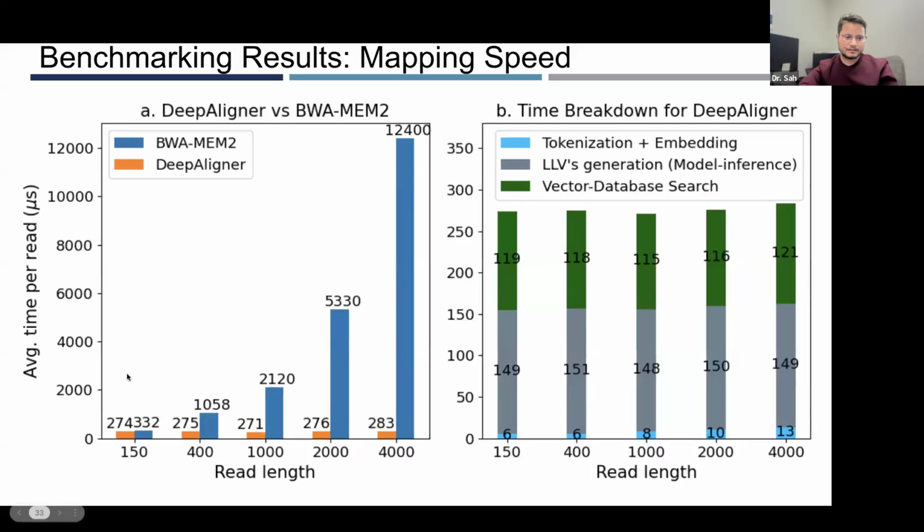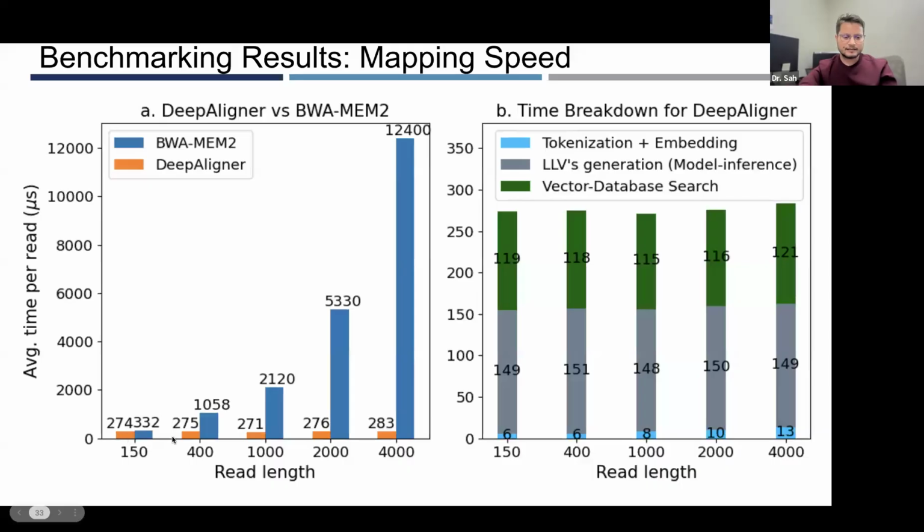This is the end-to-end result for the user time, and you see that BWA-MEM2 goes up exponentially, and if you see the length, it's up to 4,000 only. It even cannot handle 16,000. All right.